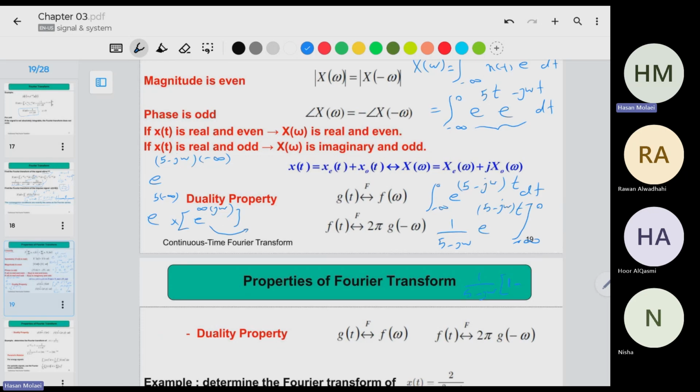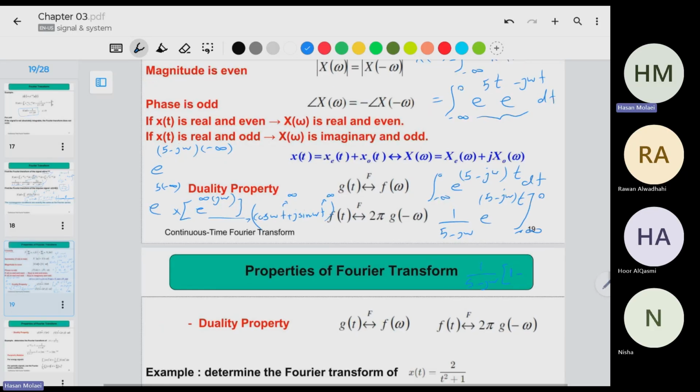E to power of j omega t was cosine omega t plus j sine omega t. Now for t we wrote infinity, which is cosine of infinity plus j sine of infinity. We know cosine and sine are limited values.